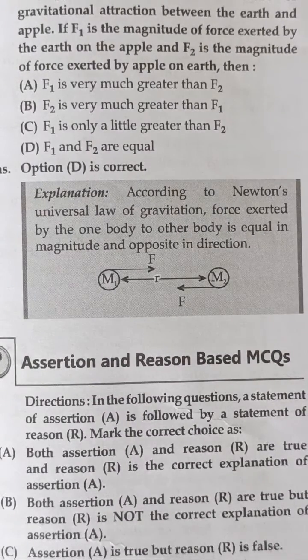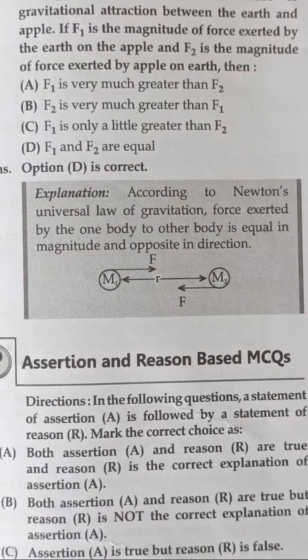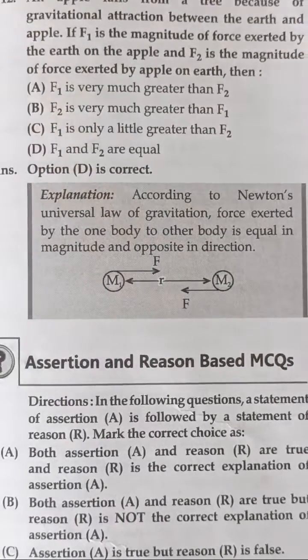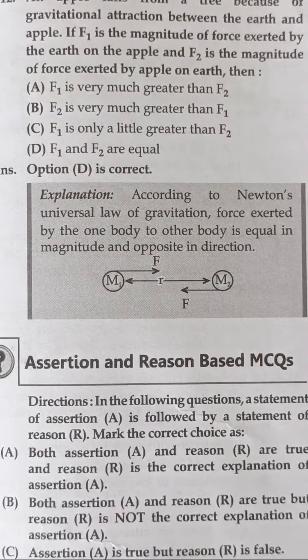Explanation: the weight of an object at the center of the earth of radius r is 0.